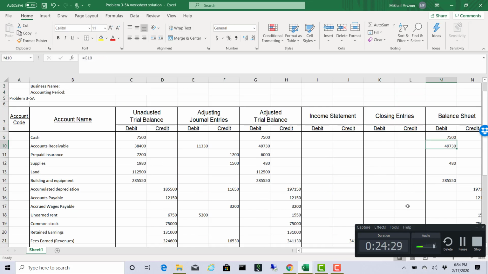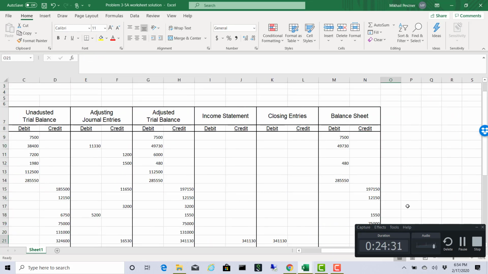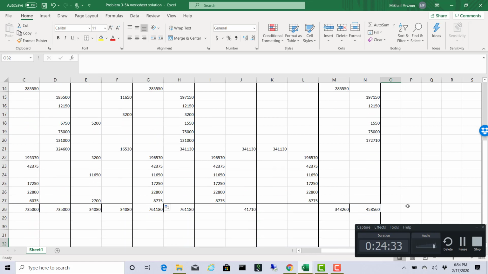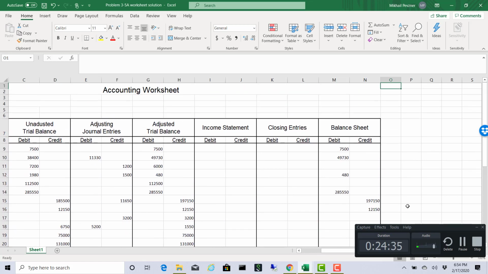And here's my balance sheet, which doesn't balance incidentally for some reason. It's because I had a formula set up incorrectly. So you can simply, some stuff didn't drag down.